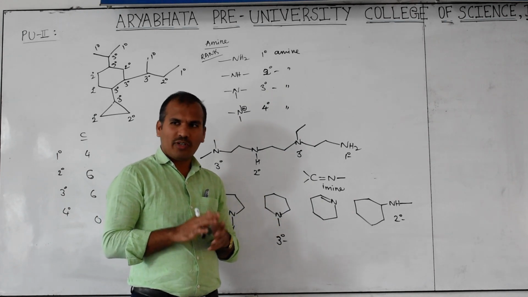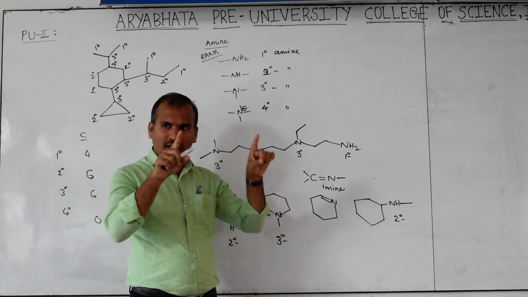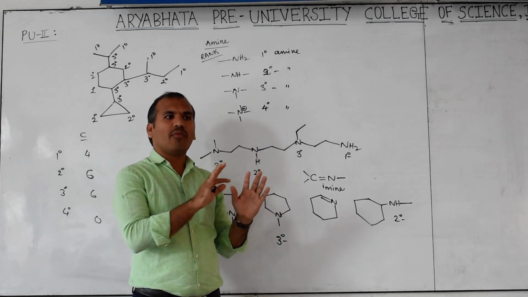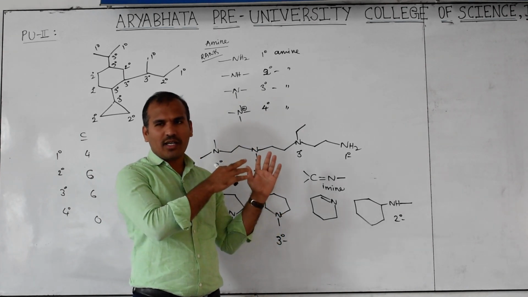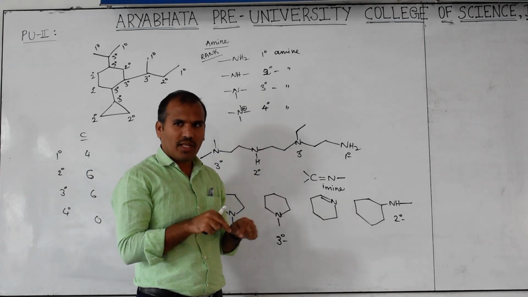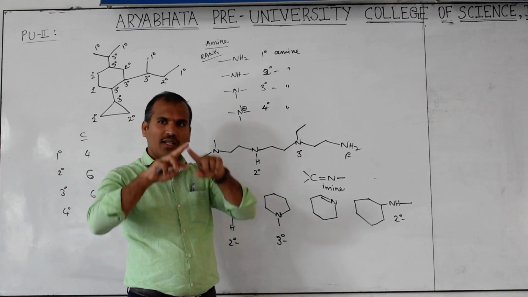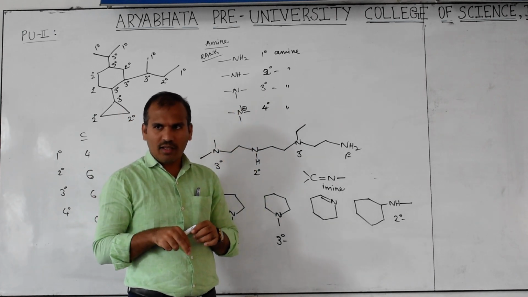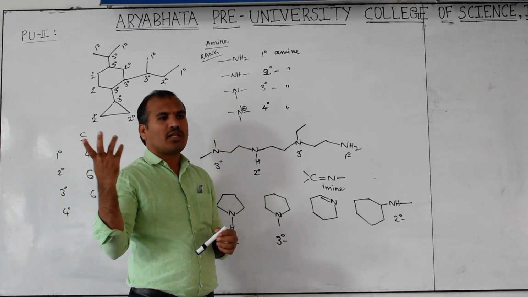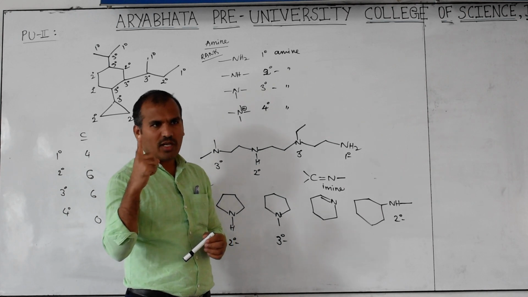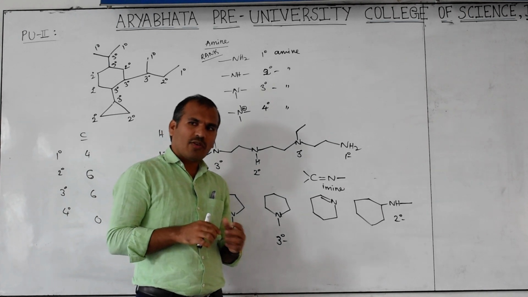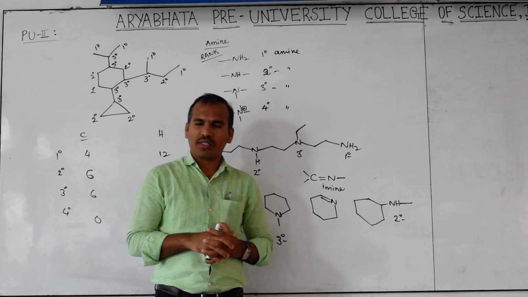Homocyclic meaning what? The cyclic ring formed with only one type of atom. Generally in organic chemistry, the cyclic ring has carbon. In heterocyclic, meaning what is that? In the cyclic ring, at any one position, 1 or 2 or 3, at least a minimum of one heteroatom should be present. What is the heteroatom we have to consider in organic chemistry?